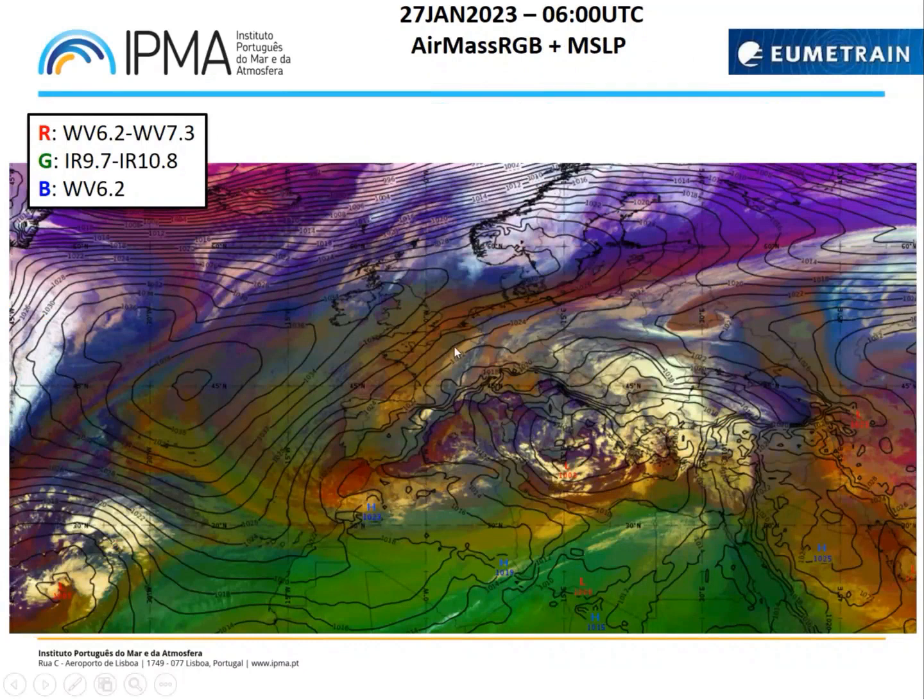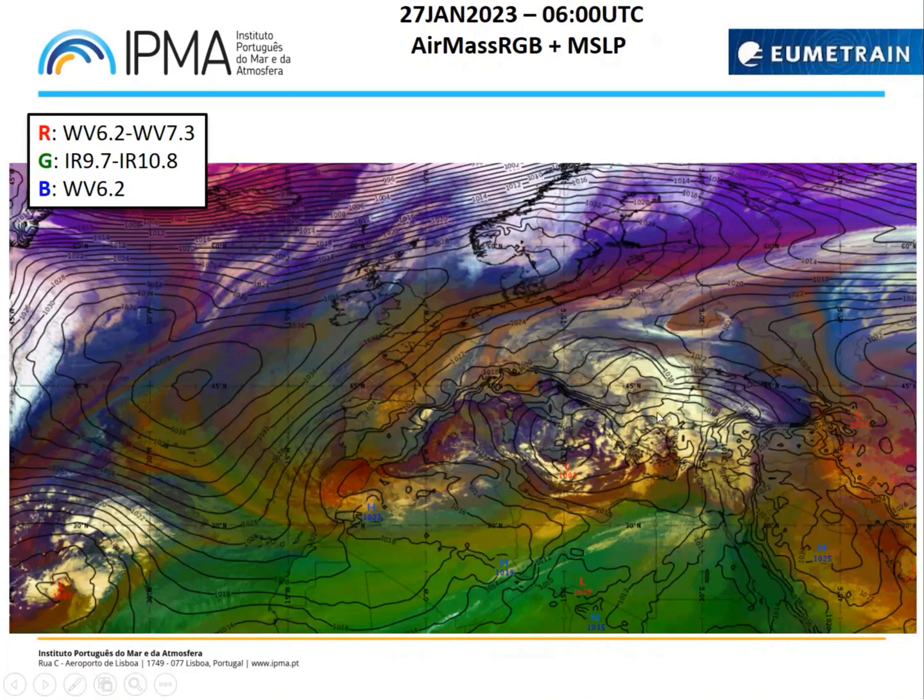You can see here that the more or less cold air mass, this bluish color, is dominating, but we also have some warm air mass, this green color in the lower part of the image, over Africa.